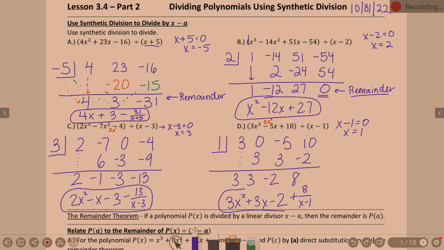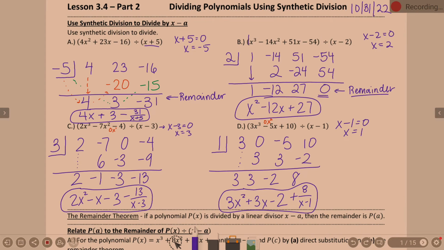It's a positive remainder, so we get to say plus that fraction, and it is 8 over the divisor x minus 1. The first x value in the final answer is always 1 less than the original.